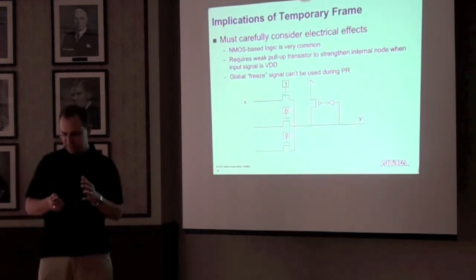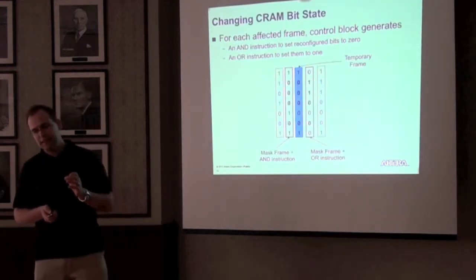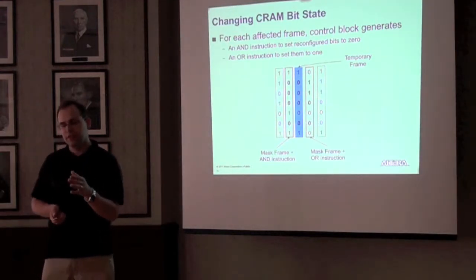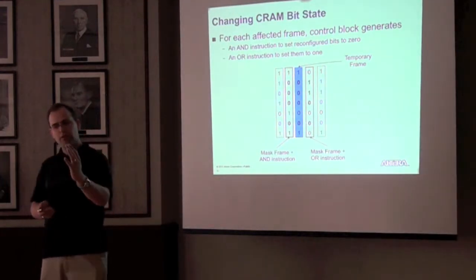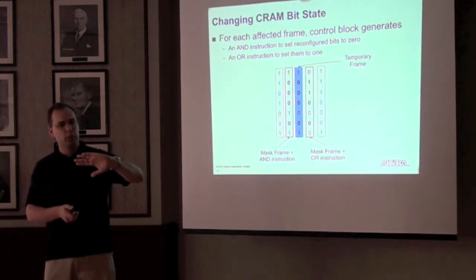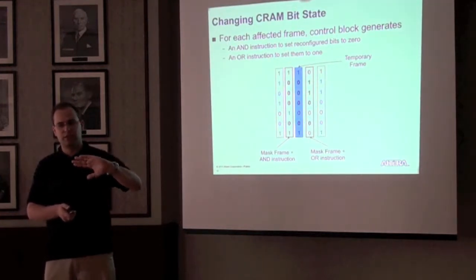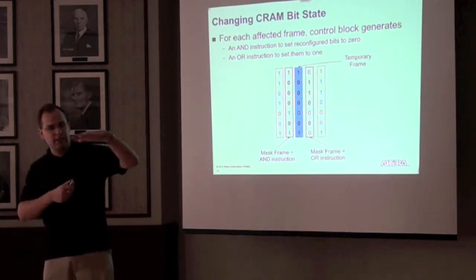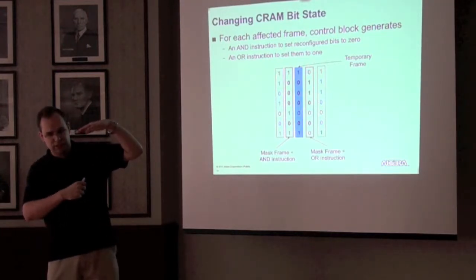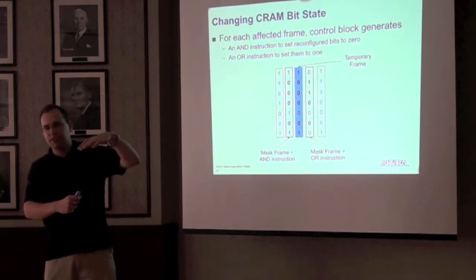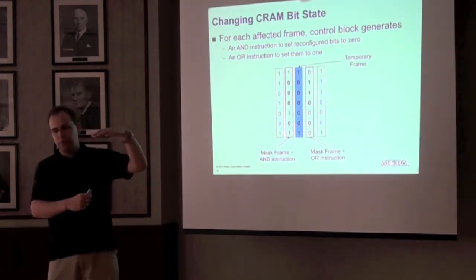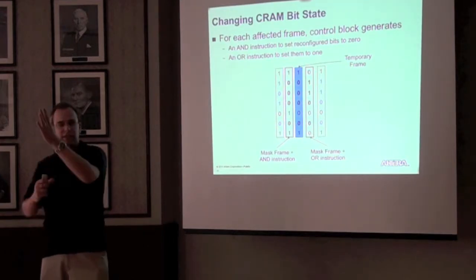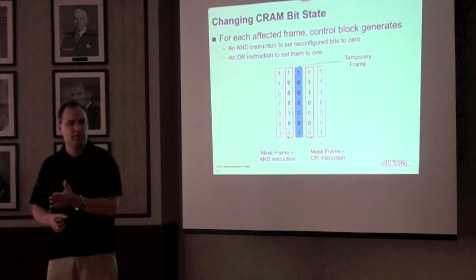The reason why that's not quite true is that the AND sets all the bits to 0 for the things that we want to change. So it doesn't matter what the bits are on the left. We know we want to clear all the bits that are involved in the region. So it's like a full mask. If I want to change this region, the following 182 bits on this frame are affected. I'm going to wipe them all, and now the OR instruction sets them to the state that they want to be. Right?